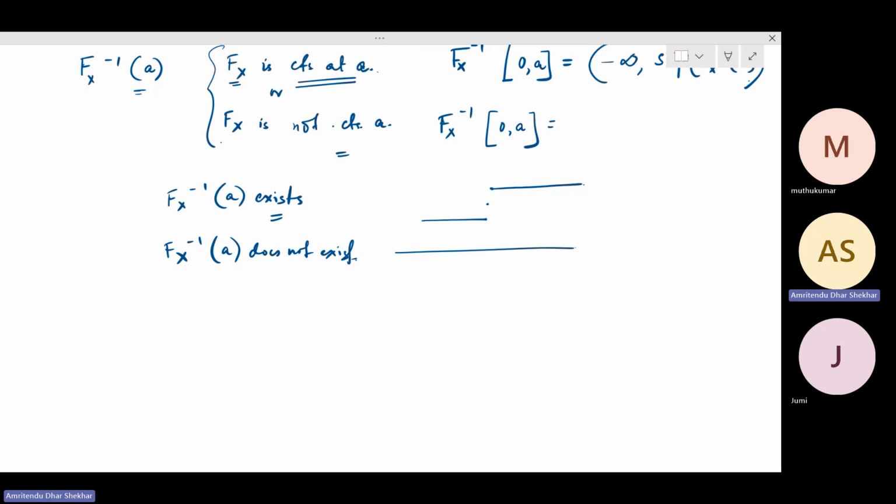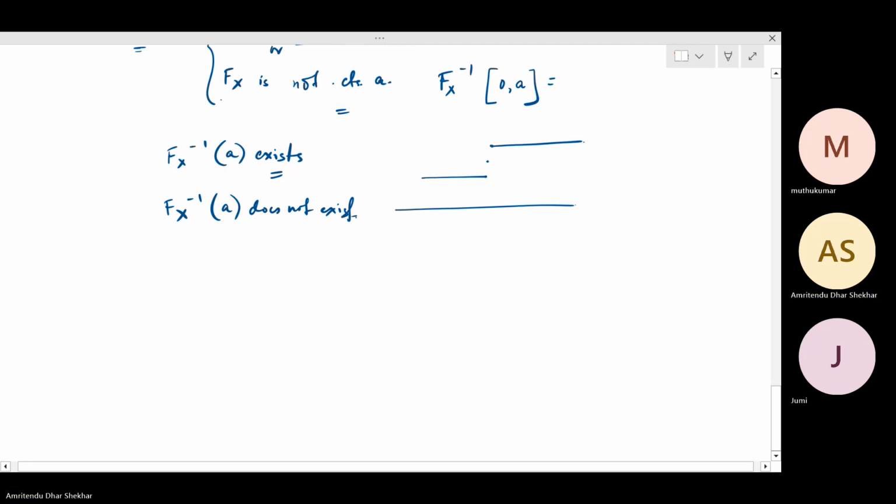Okay, so in this case, what you do is you take the smallest or you take the largest a prime less than a, such that F_X inverse of a prime exists.